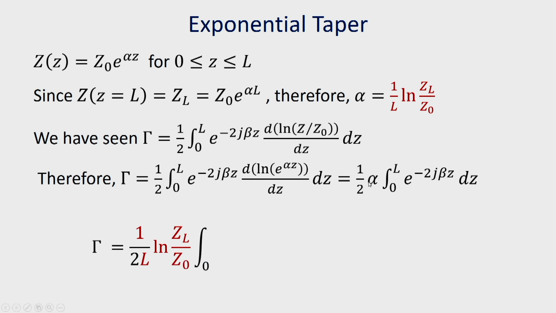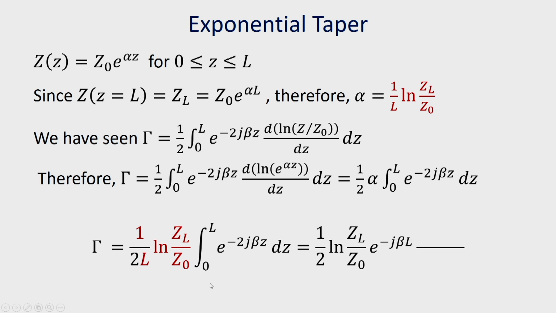Now, we substitute the expression for alpha from 1 by L log of capital ZL by Z naught, and then carry out this integration, then we get the final expression for the reflection coefficient gamma to be half log of ZL by Z naught e to the power minus j beta L sin beta L by beta L.